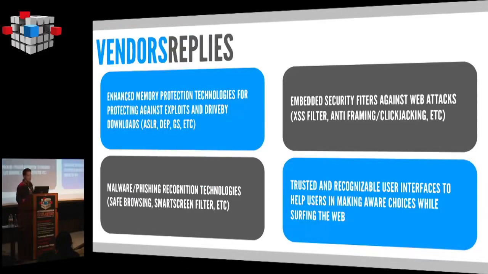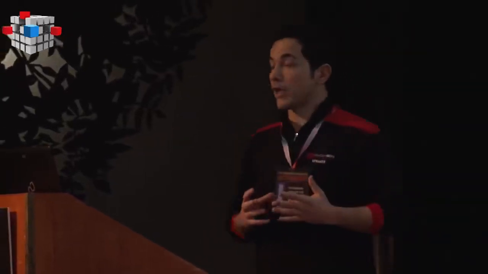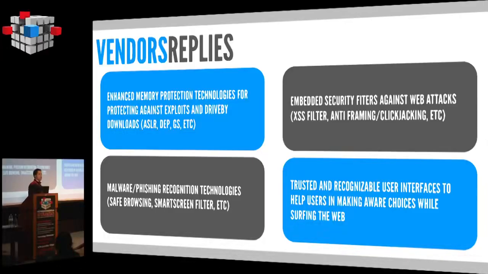That's why in the latest years, browser vendors invested a lot of money and effort into building some reliable security mechanisms and in making the existing ones more robust. And they developed in 4 main areas. The first, protection against memory corruption exploits. And so they developed technologies like ASLR, DEP, GS, and so on, that can make exploit writers' life harder.